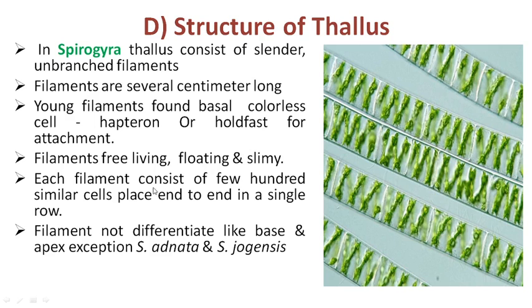Each filament consists of a few hundred similar cells placed end to end in a single row. See, this is one cell, then a second, third, fourth. Each filament forms a very long intact filament.